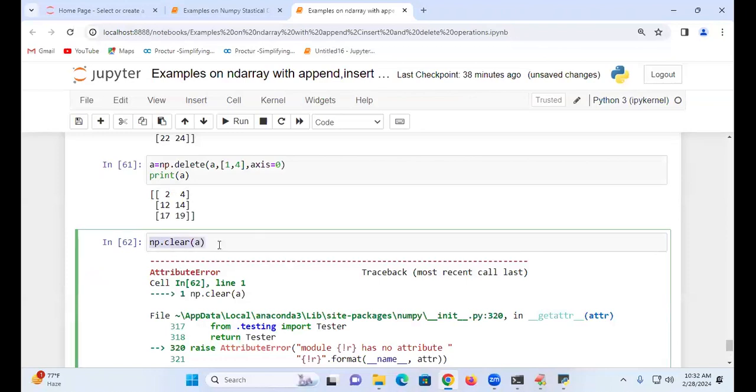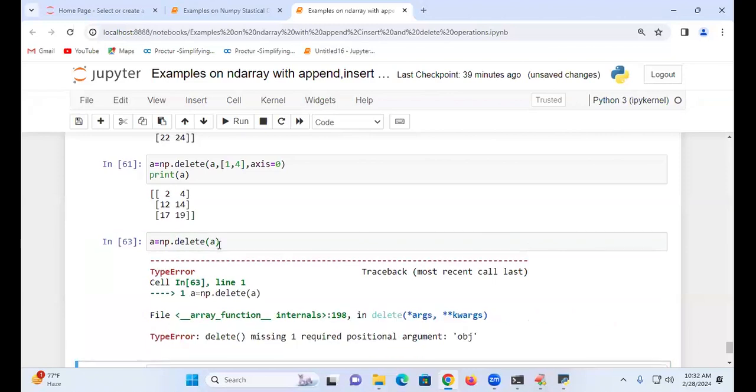How do you do that? del a removes it completely, but I want to remove all the elements. a = np.delete(a) gives an error. What is happening?